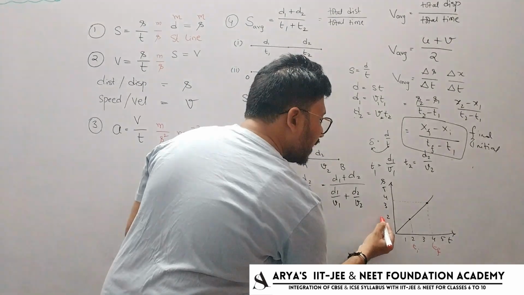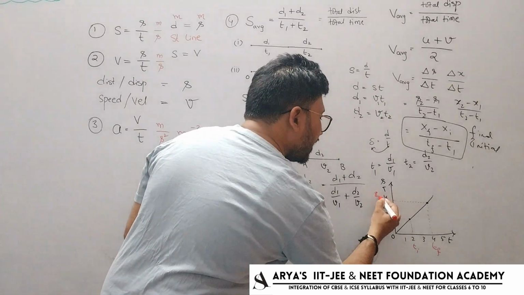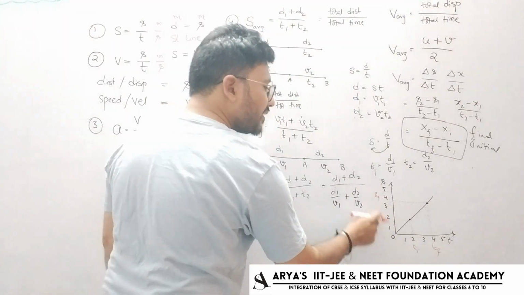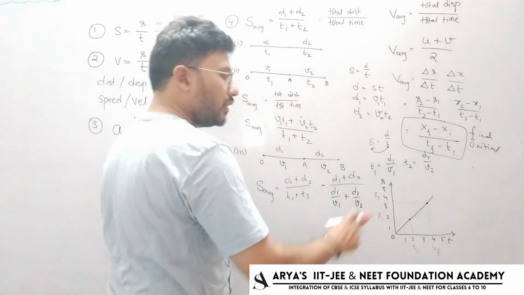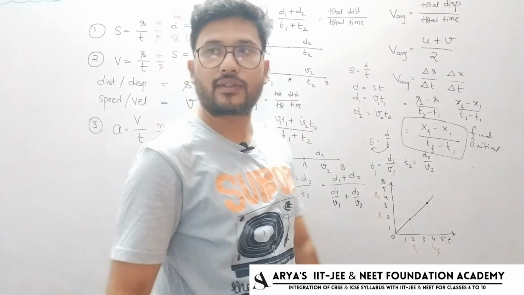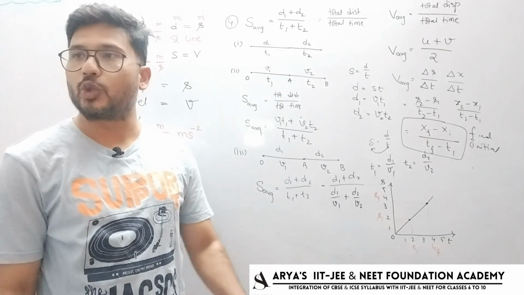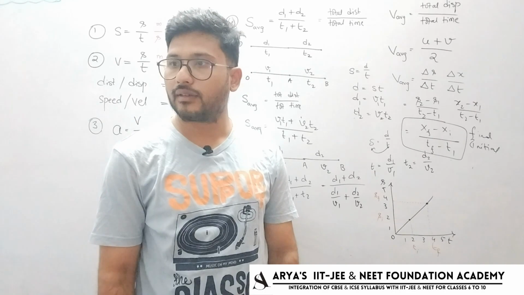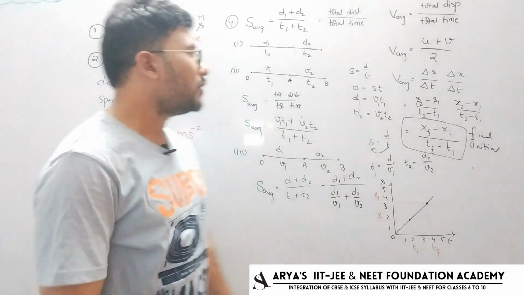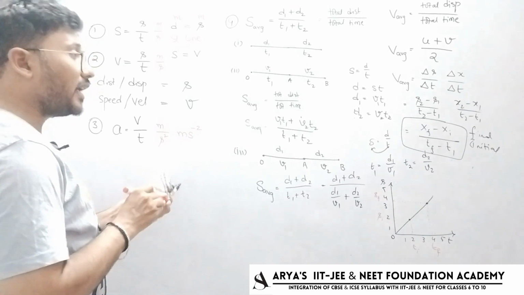This is initial displacement, you take si. This is sf. Substitute, or xi, xf, like that. So in graphs you can use these formulas. 4 minus 2 by 4 minus 2, 2 by 2, that is equal to 1. Done. So these are the formulas, and one last formula is left regarding these.